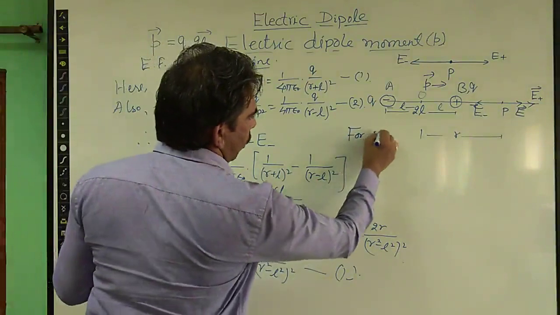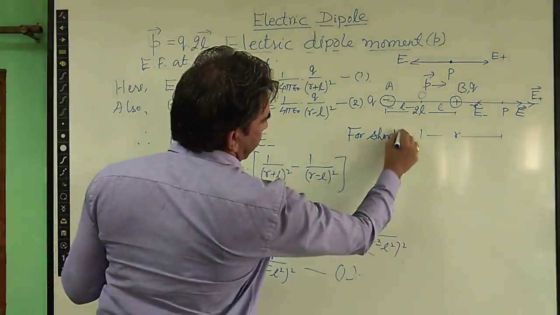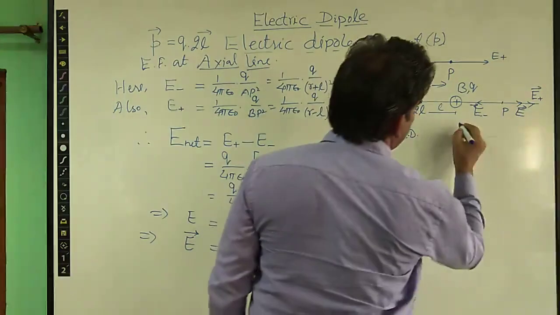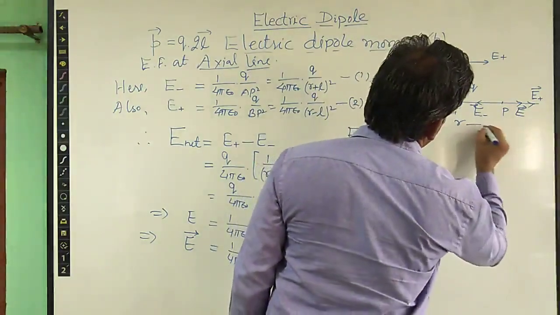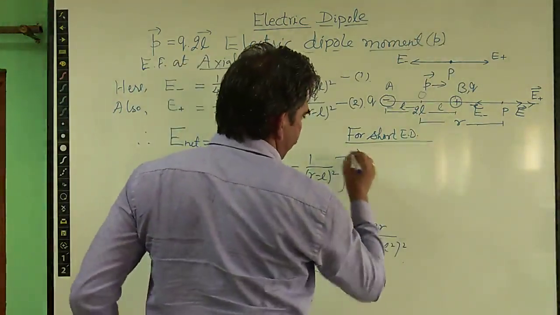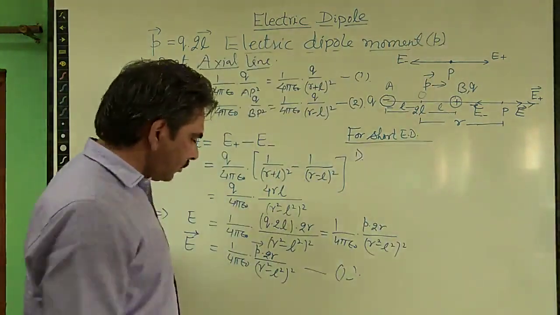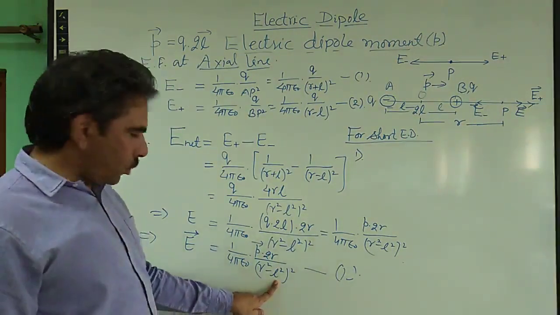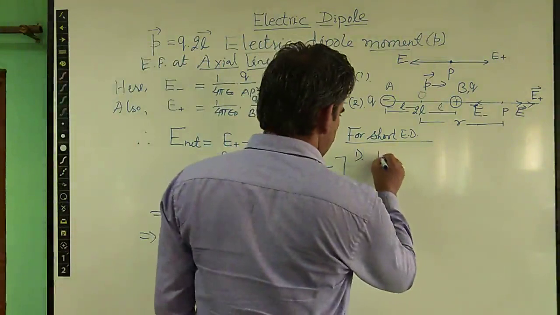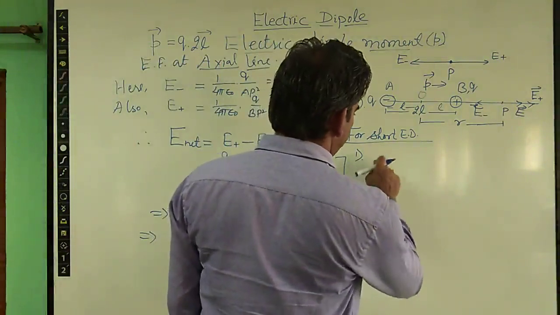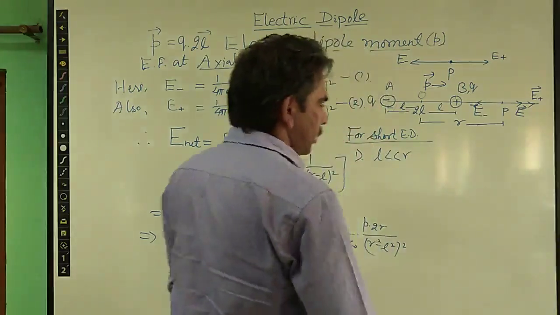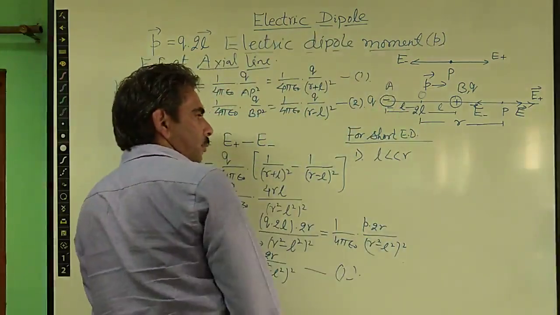So for a short electric dipole, this L becomes very small. So this can be ignored here. L becomes very small in comparison to R, the distance of the observation point from the dipole.